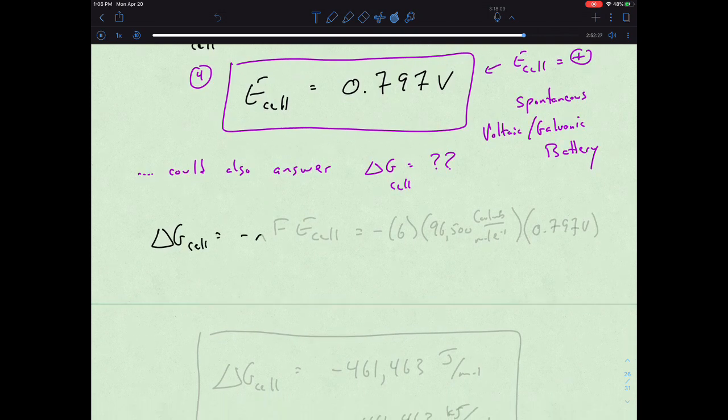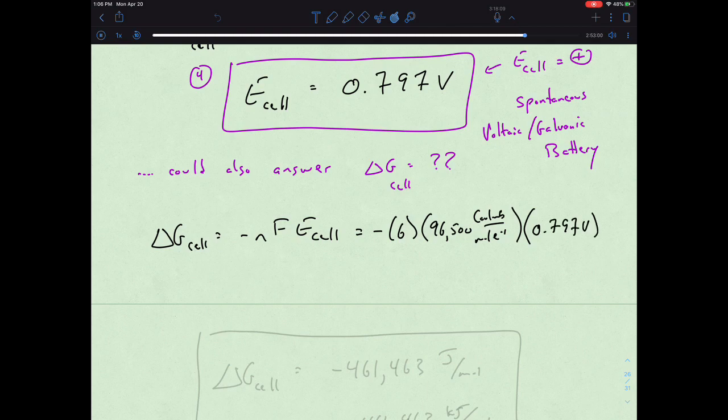So we could also represent that with the delta G notion, that our delta G of the cell not at standard state would be equal to negative NFE, just not at standard state. So we would have that equal to our 6 moles of electrons transferred, the negative sign out in front, our Faraday's constant, and coulombs per mole of electrons, and then we have our voltage at the very end.